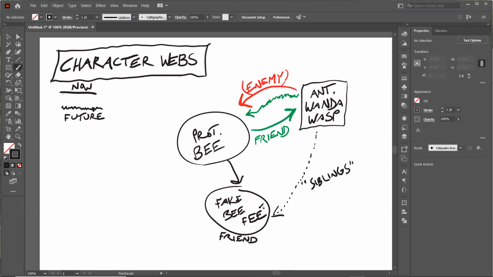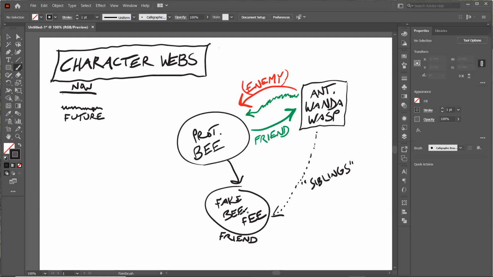And maybe Fee has always felt that she's not a real wasp because she's actually a fly and she has a low self-confidence. Exactly. Could it be that nobody knows she's a fake bee and only Wanda knows Fee's secret?